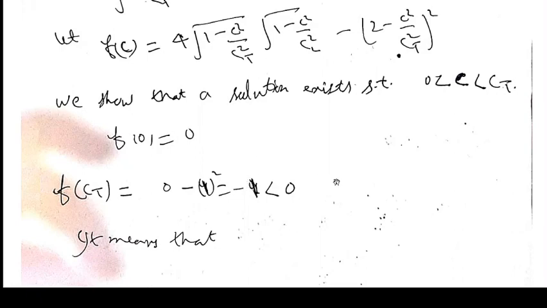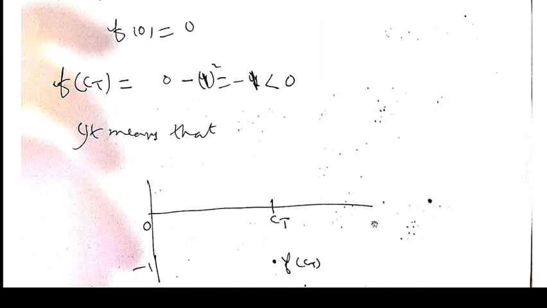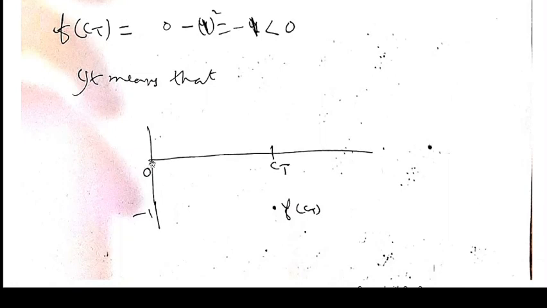Then you can see that at the left hand point we have 0, and at the right hand point we have minus 1. So this will be in this form, something like this: 0, 0, and ct, and c is here somewhere.